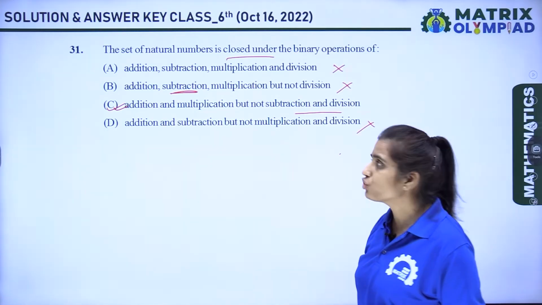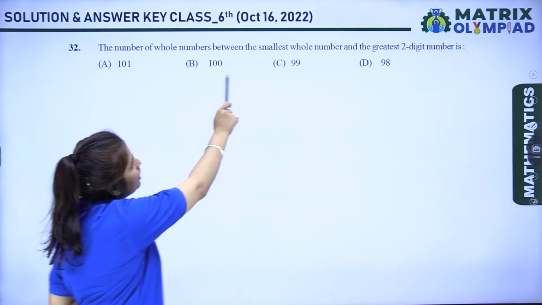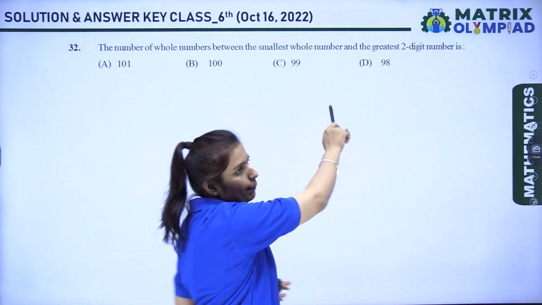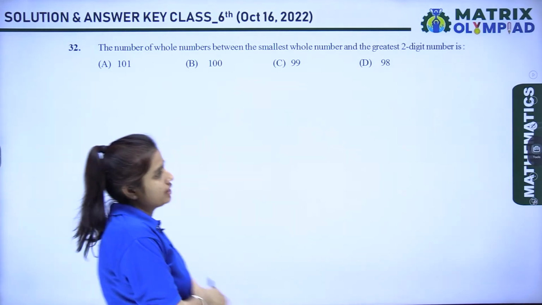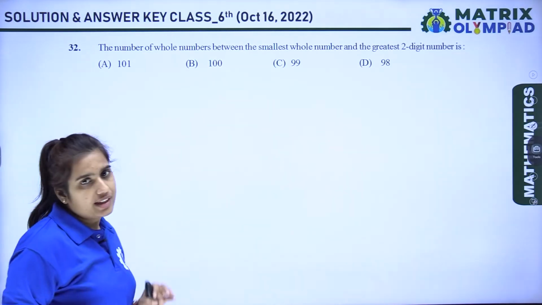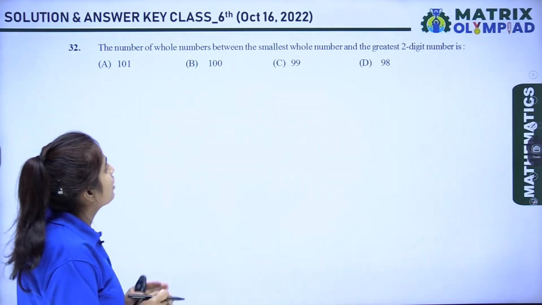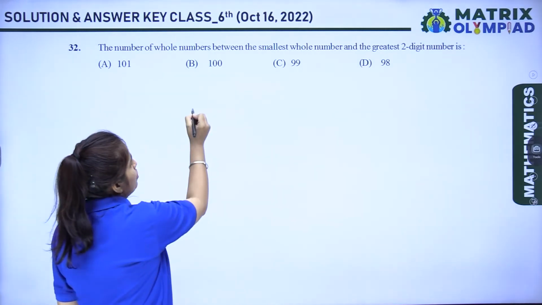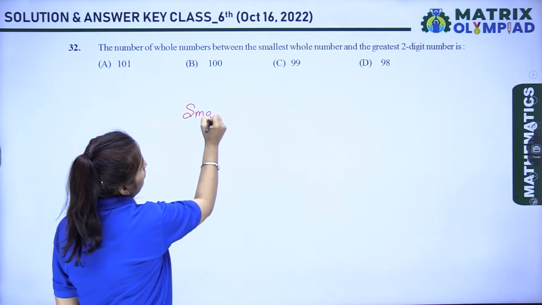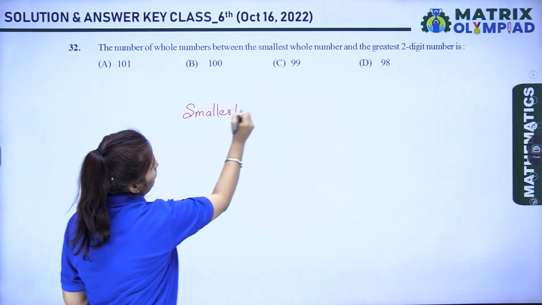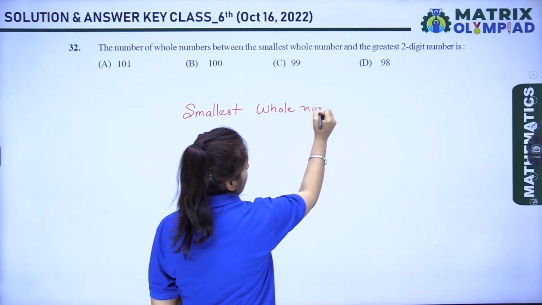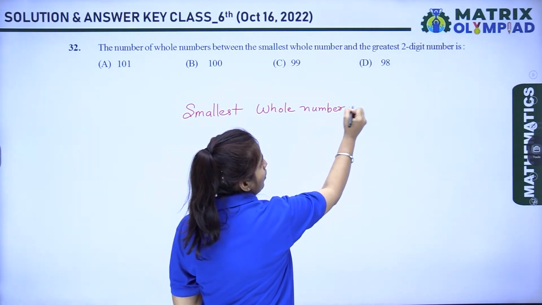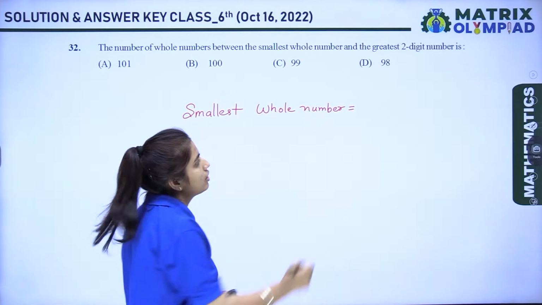Now the next question is: the number of whole numbers between the smallest whole number and the greatest two-digit whole number is. In this question we have to first write down the smallest whole number. So the smallest whole number is 0.